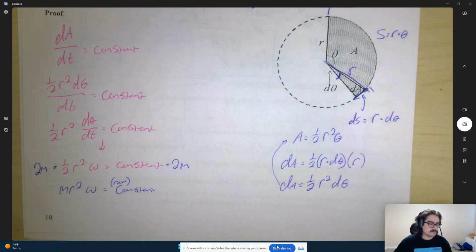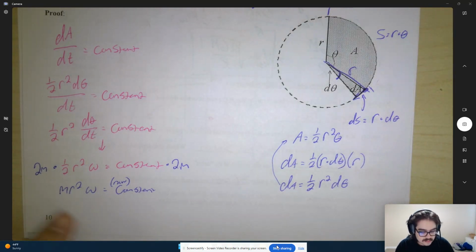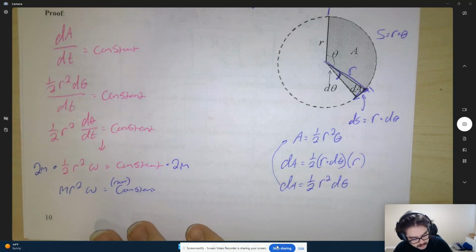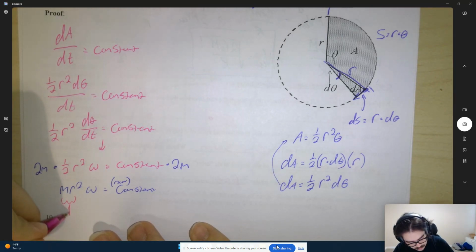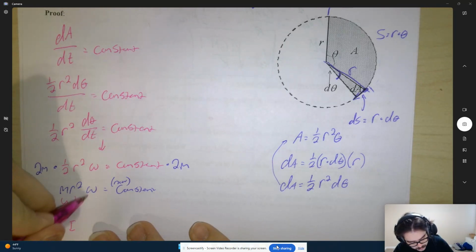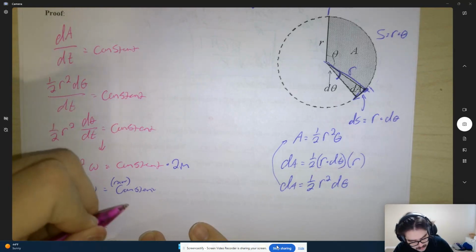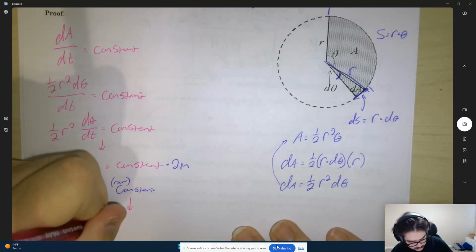And m r squared, well, if you think about it, a planet is really just a point mass at the end of a radius, so that's basically the moment of inertia for the planetary motion. So this part right here is I, this part is, you guessed it, omega, and this is our new constant.